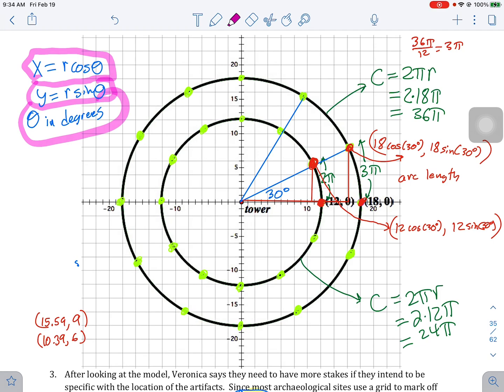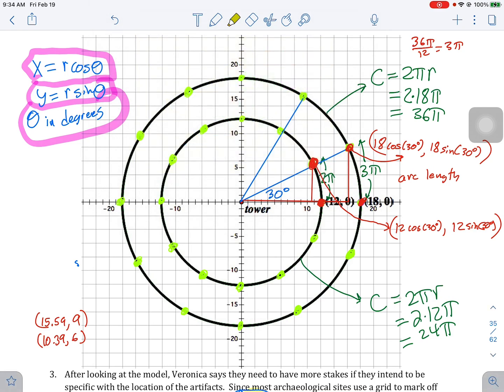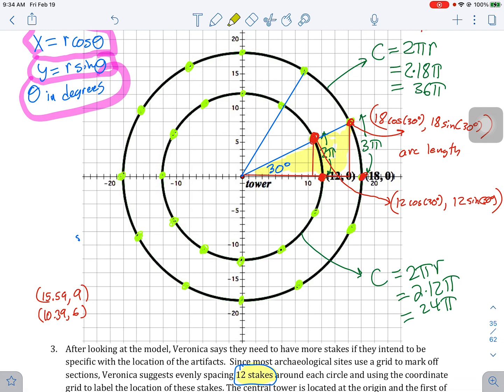So we're going to be looking at just one reference triangle first. We know it has a 30-degree reference angle. So what we need is the x and y values for this.